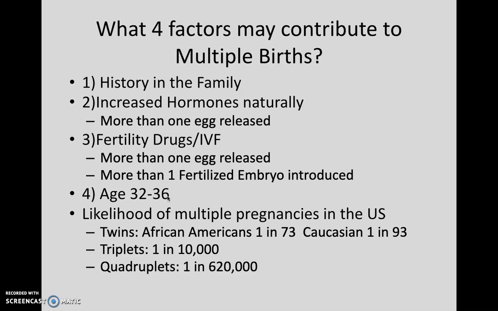So if you have any reason, whether it's a hormonal imbalance, whether it is going through puberty or even menopause, when you have increased hormones, you can release more than one egg during ovulation. So if more than one egg is released, there's the possibility to have more than one egg fertilized, which would result in multiple births.